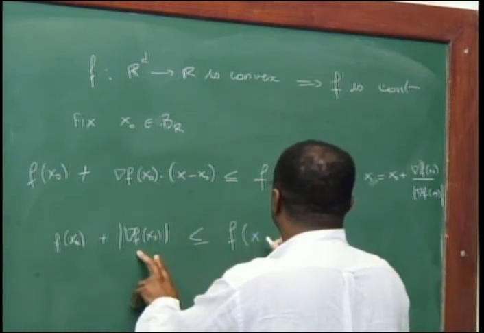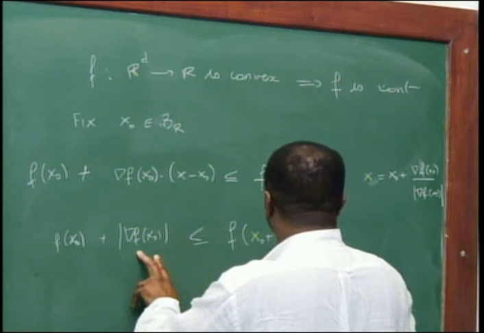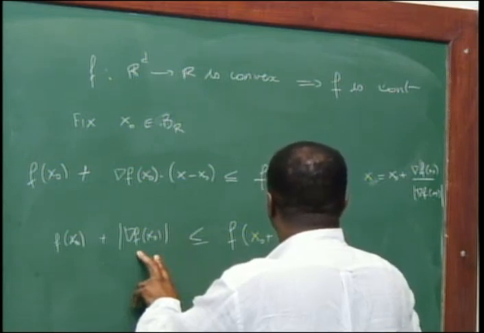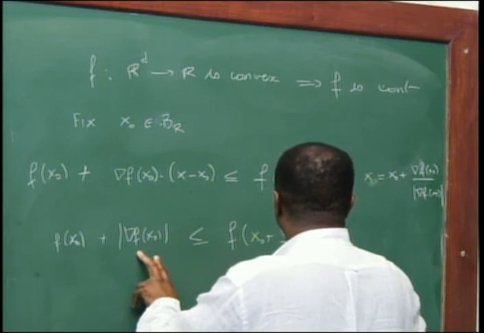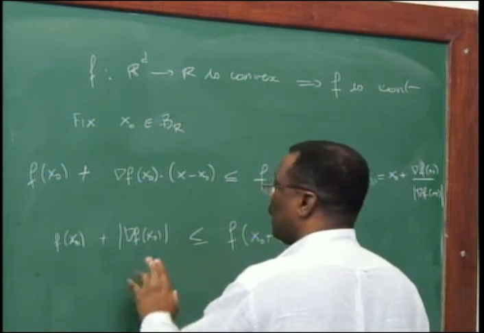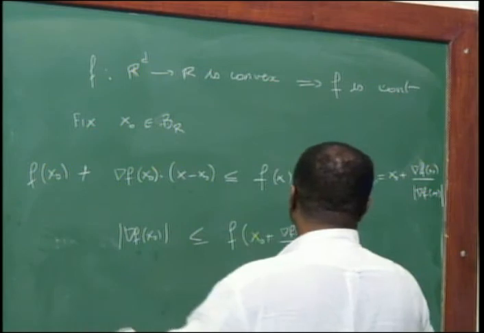This is less than f of s naught plus the gradient of f at s naught divided by the norm of the gradient of f at s naught. I am going to move f of s naught here.